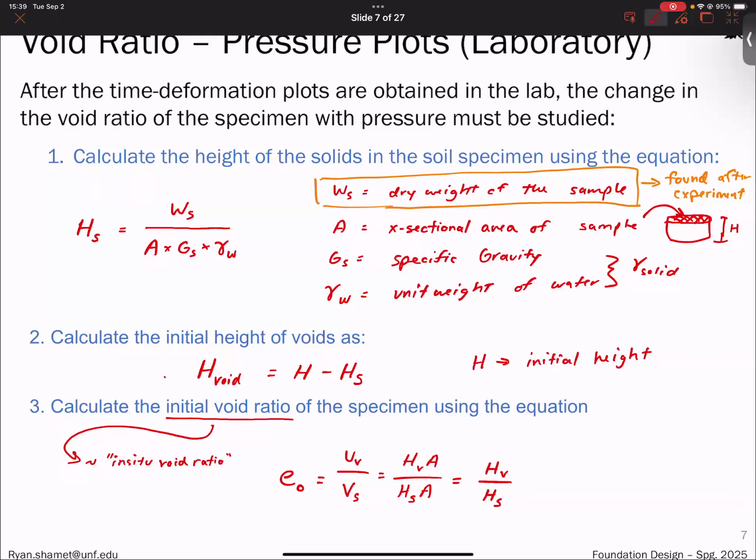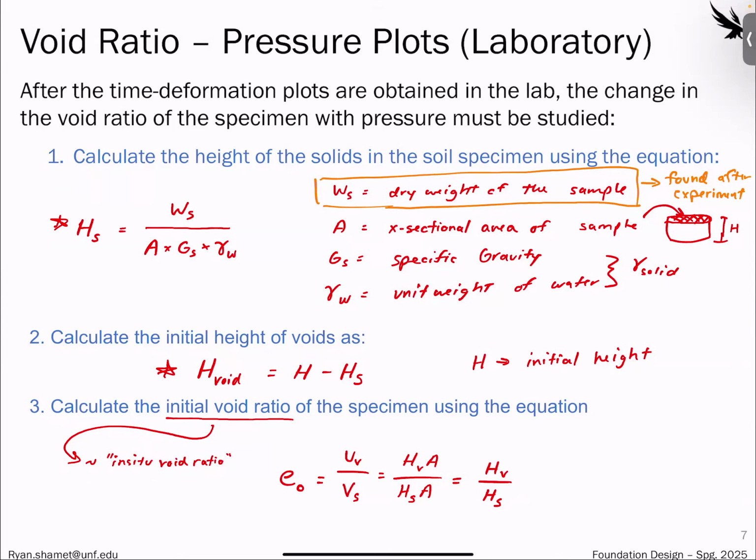That's what we found here in part 2 and here in part 1. So now we can find the initial void ratio. Once we find it, all we need to do is find the change in void ratio at each loading increment, and then subtract it from the previous.